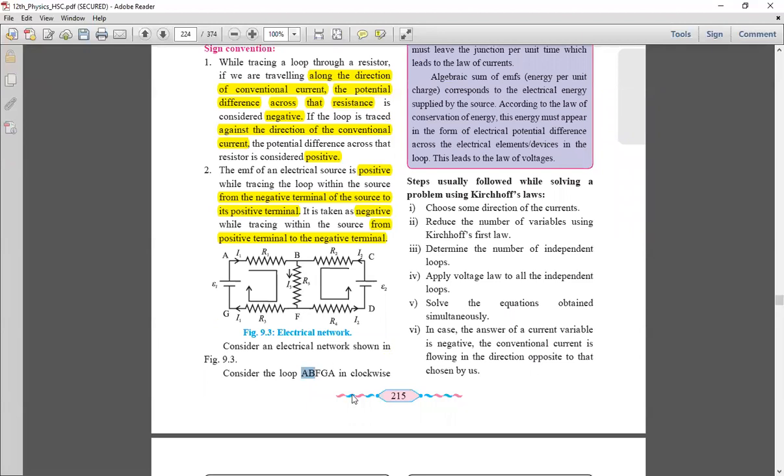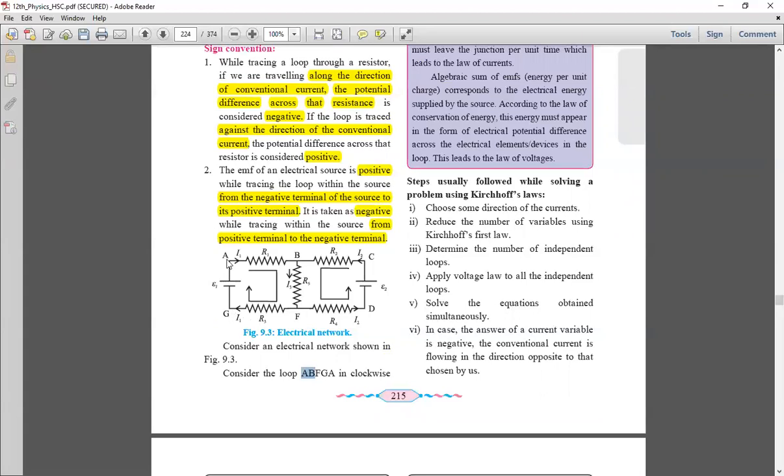Whenever you are going towards negative, take the voltage as negative. So the potential difference across this resistance will come as minus I3 R5. Next we have to go F to G. F to G is also a resistance, and current is flowing from F to G. So F is high potential, G is low potential. So the voltage across this resistance will also come as minus I1 R3.